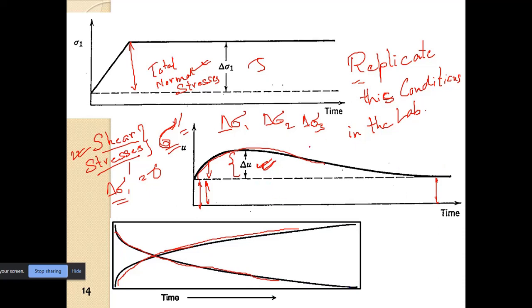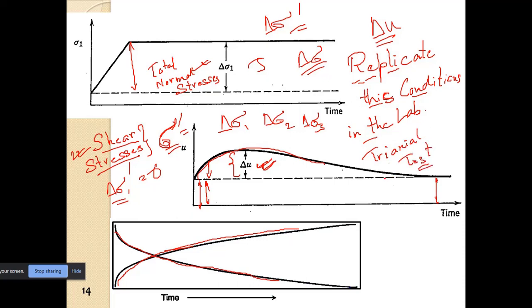To replicate these various conditions, especially the development of pore water pressure, that is delta U, and how the effective stress changes with it, when we apply a load on the soil, that is delta sigma, we need to do the triaxial test. The triaxial test has some advantages, as we will see. What are the basic advantages we will see? So we need to do the triaxial test.